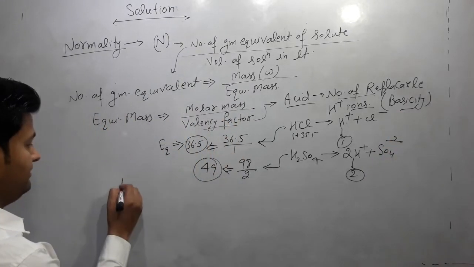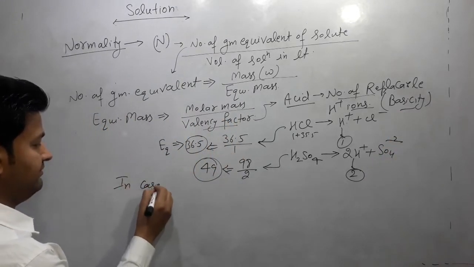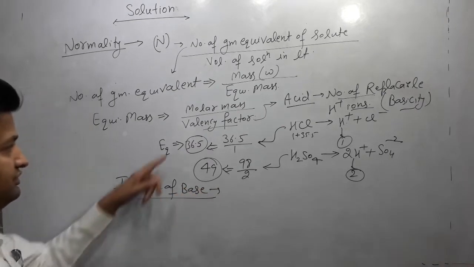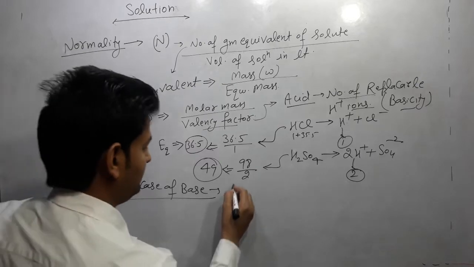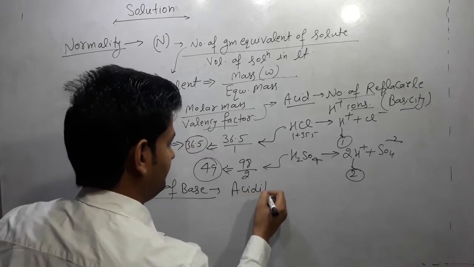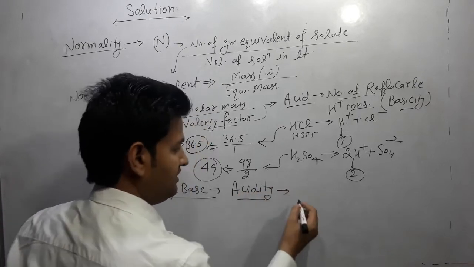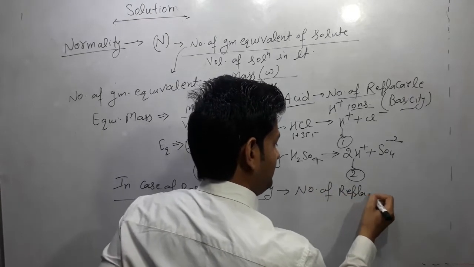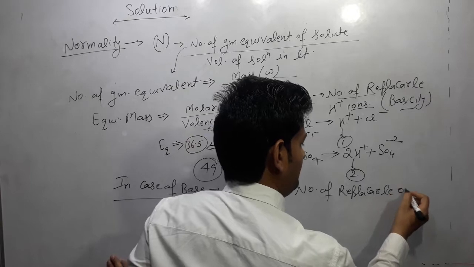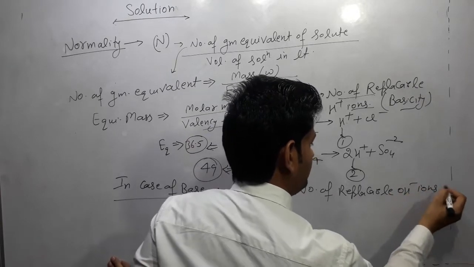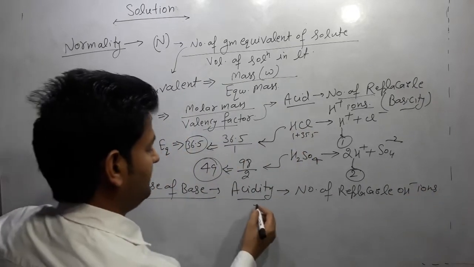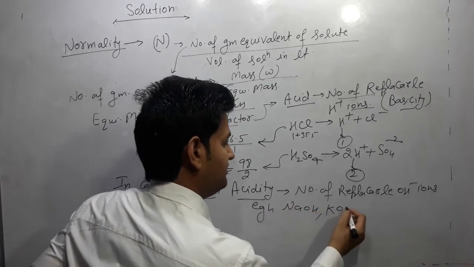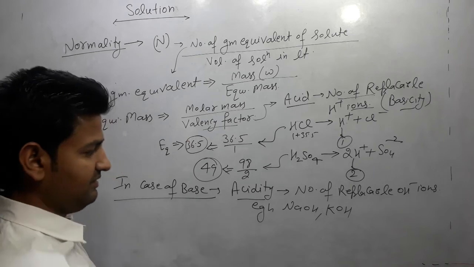In the case of a base, the term used for valency factor is acidity. Acidity means the number of replaceable OH minus ions present in the base. Examples are NaOH, KOH, Ba(OH)2, and calcium hydroxide.